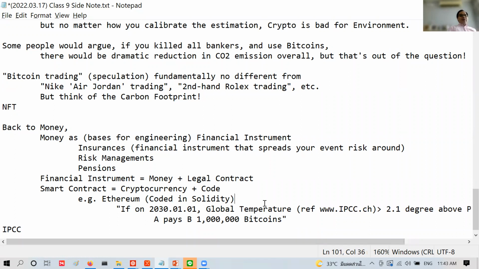So this algorithm is going to go to this website, look up the global temperature, and see this value.